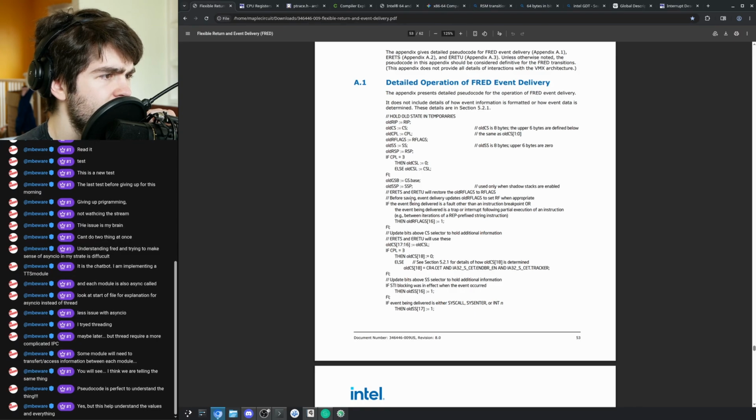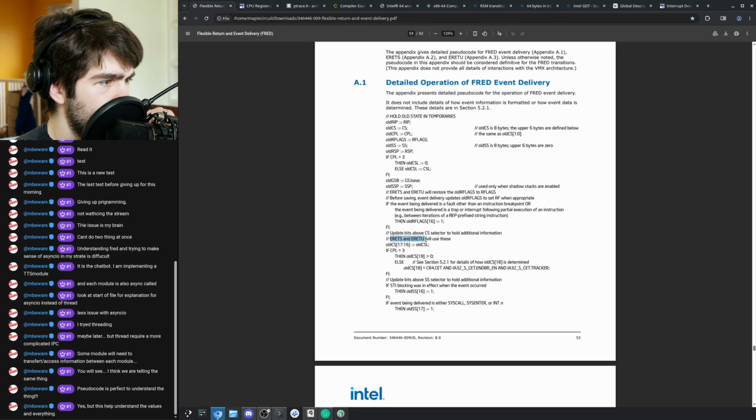ERETS and ERETU will restore the old flags. Before saving, event delivery updates flags. If the event being delivered is a fault other than the instruction breakpoint, or the event delivered is a trap or interrupt following the partial execution of an instruction between iterations of a REP-prefixed string instruction, then old flags. Okay, we don't care about that. Update bits above CS selector to old additional information.